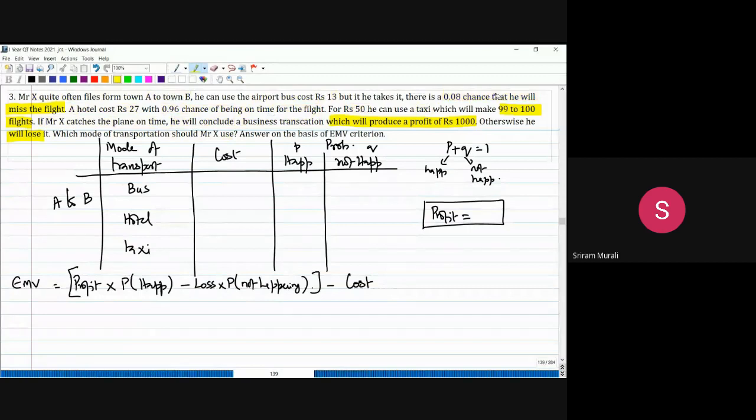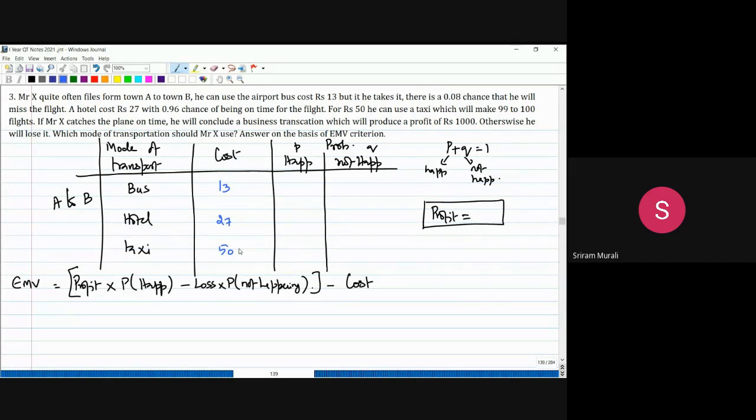One is first airport bus, then he takes a hotel, then he takes a taxi. What is the cost of a bus if he takes? 13 rupees. What is the cost of a hotel if he takes? 27 rupees. What is the cost of taxi if he takes? 50.